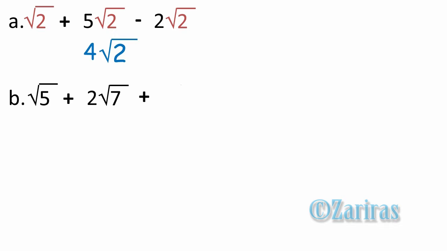Next we can see root 5, 2 root 7 plus 2 root 5 minus 3 root 7. So here we have two different sets. One is root 5 and the other is root 7. So let's see first the root 5. First let's place the root 5. Now we have to find the sum of the coefficients.